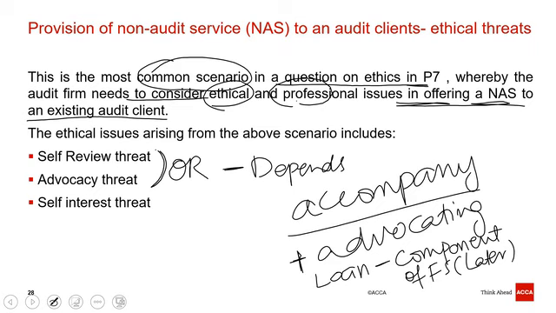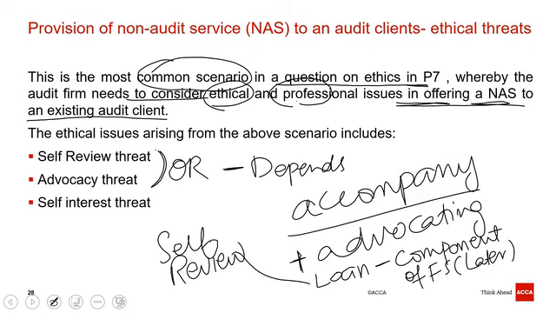Now, if the loan becomes a component of the financial statements later, then obviously this can give rise to a self-review threat because this is an existing audit client. So that is one situation giving rise to both threats. So if your existing client asks you for a non-audit service, it can give rise to a self-review or advocacy threat, or it can even give rise to both. But you have to be very specific in the case about which of the threats would arise.